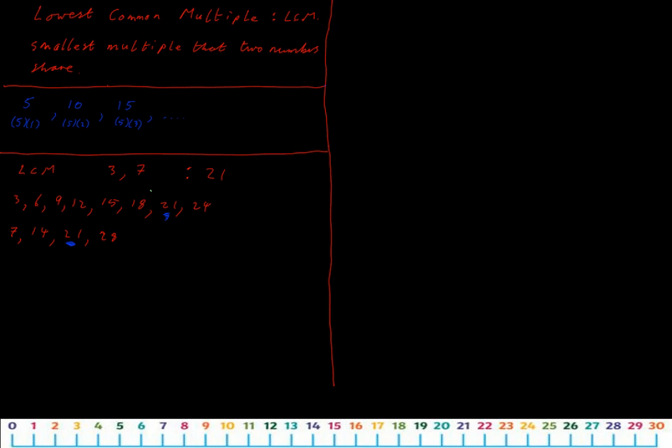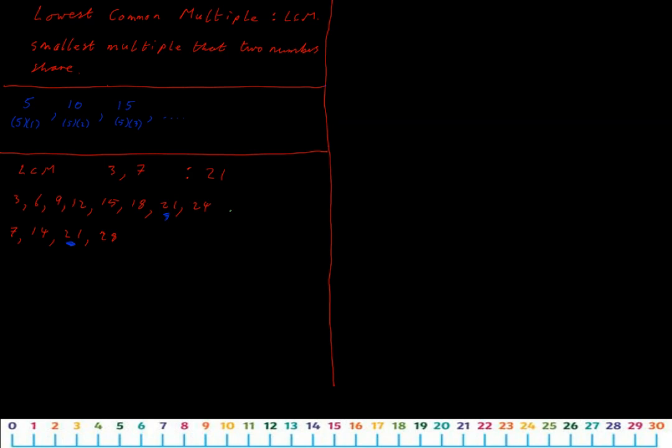That's the other way of looking at lowest common multiple, and it's important to have that in the back of our minds as we're going forward, that the lowest common multiple is also the smallest number that our two original numbers, our 3 and our 7, are factors of. So 3 and 7 are factors of 21, and that's the smallest number that both 3 and 7 are factors of.